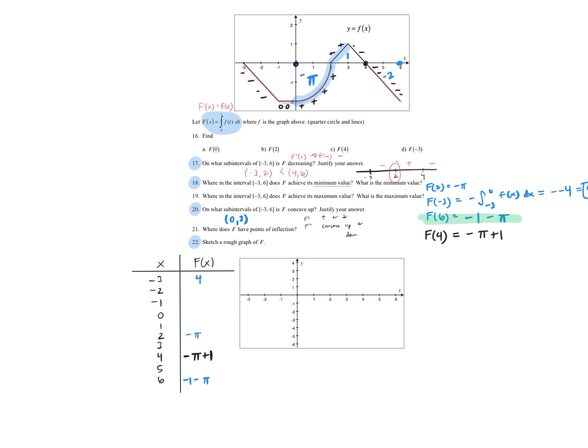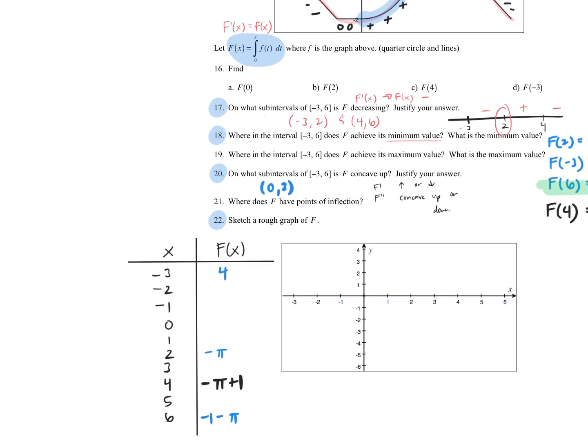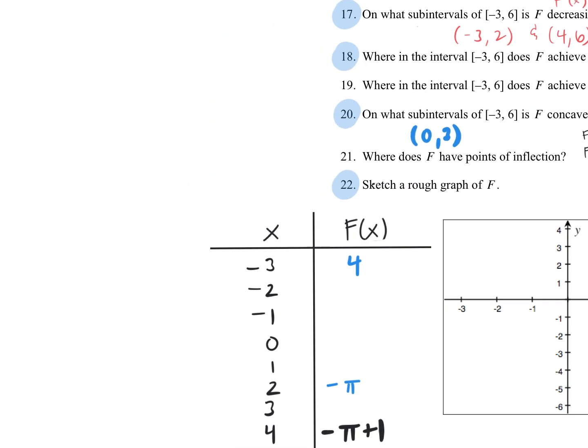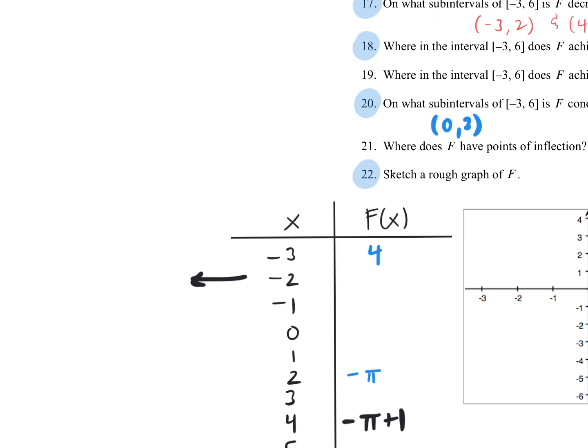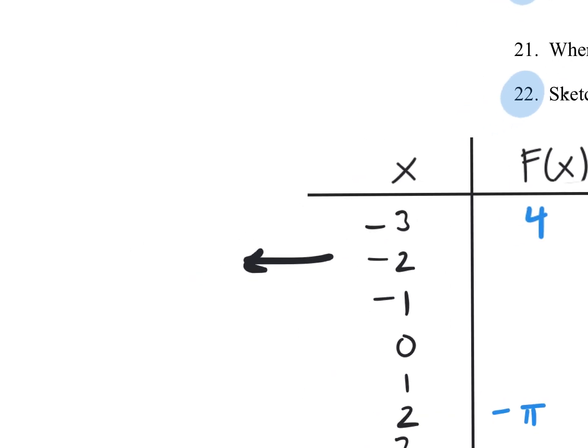Okay, and the last piece here is to sketch a rough graph of big F. So what I would do is I would just find all these points by using your graph up above and then plot those values. So I already did a few of them, but let's just continue them. So if I'm looking for big F of -2, technically that means I'm looking from -2 to 0.